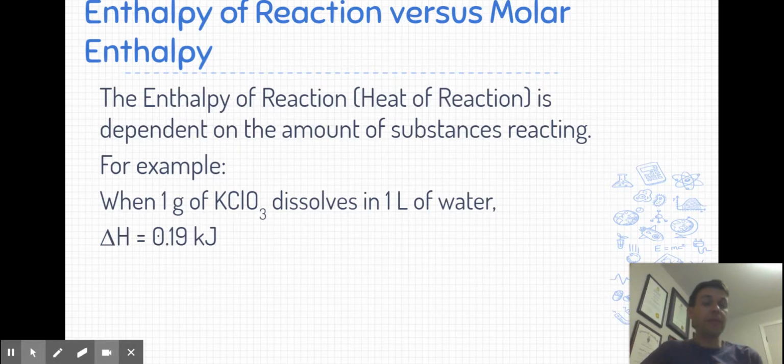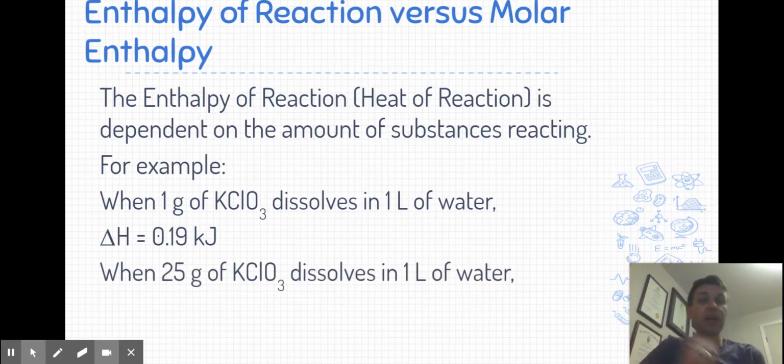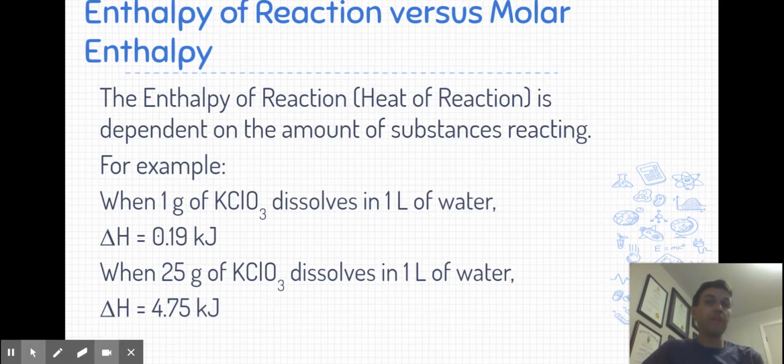It absorbs that amount of heat when that amount of the solute dissolves. If we take 25 grams of potassium chlorate, the heat of reaction is 4.75 kilojoules. So these are just different heats of reaction, and those energy values change based upon the amounts that we're reacting.